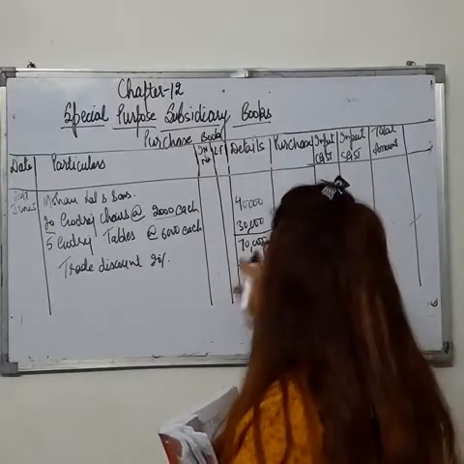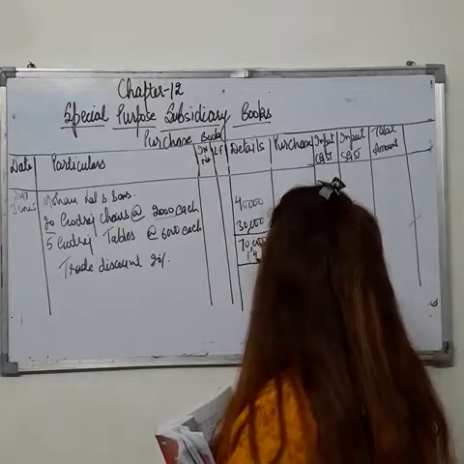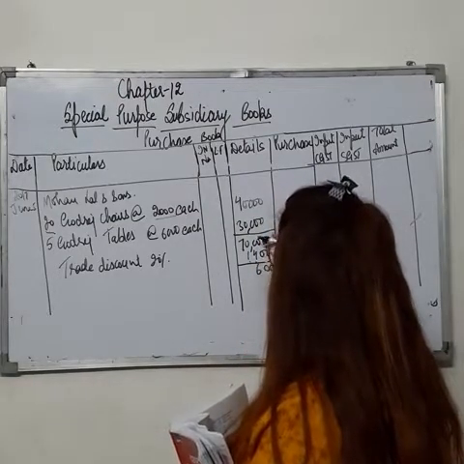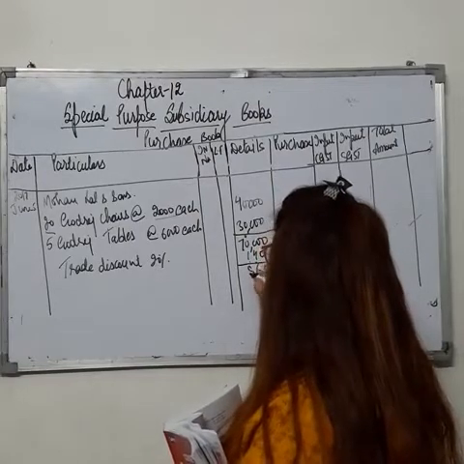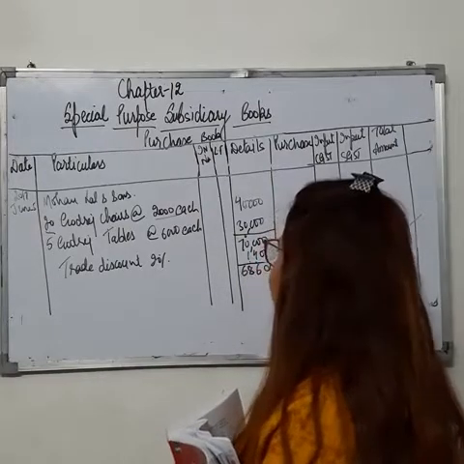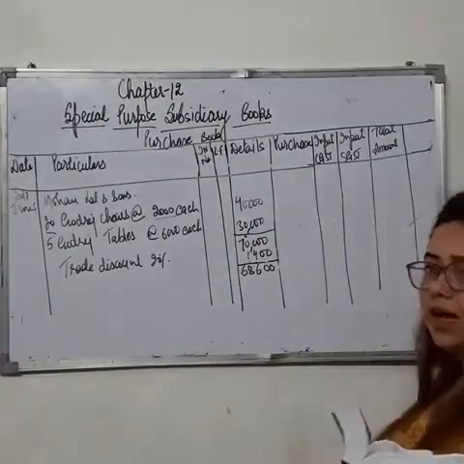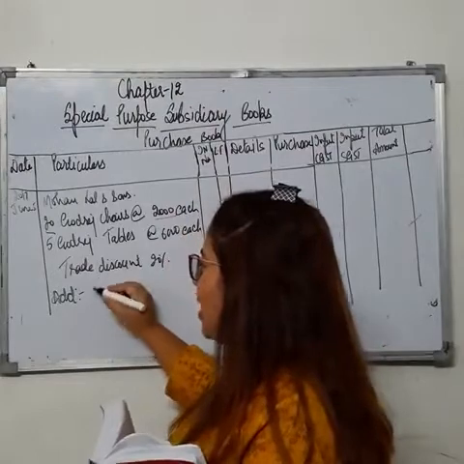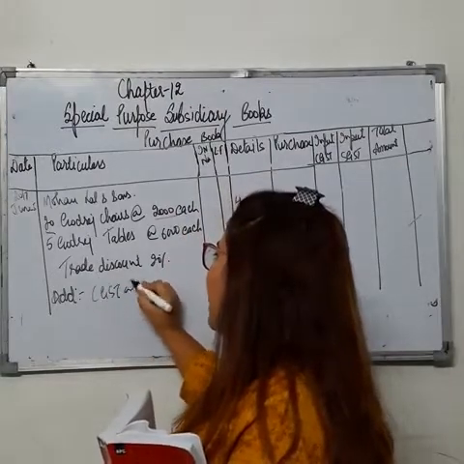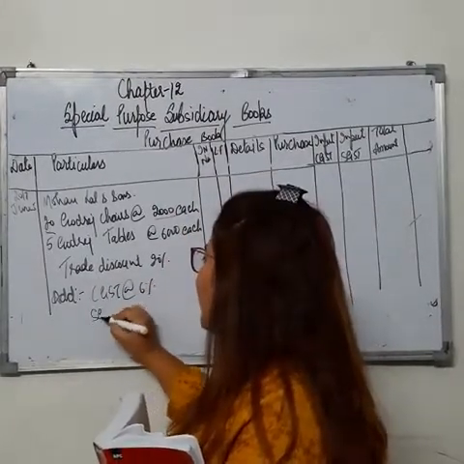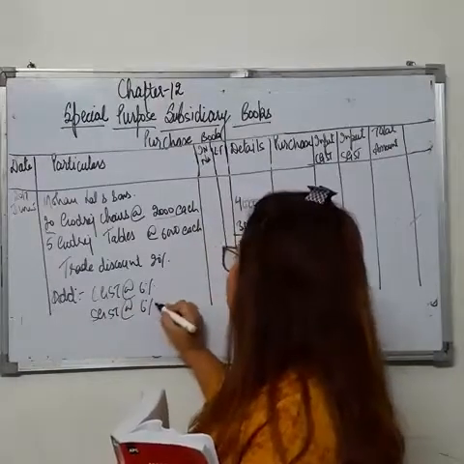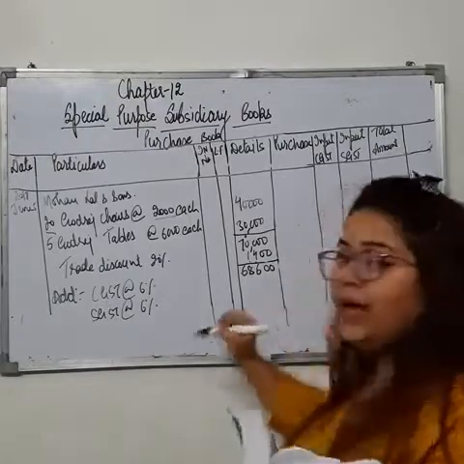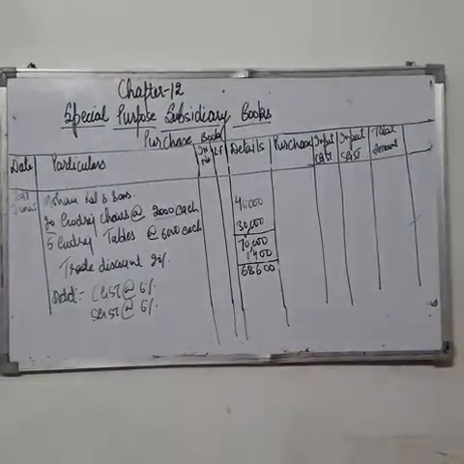Now let's make the deduction. Now I have to add GST. So add CGST at the rate 6% and SGST at the rate 6%. Now I will calculate GST here and add this in order to calculate my total amount.